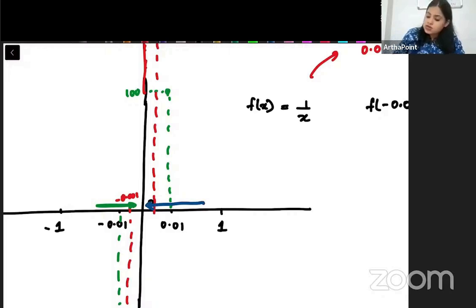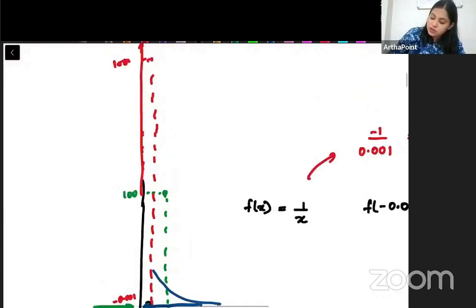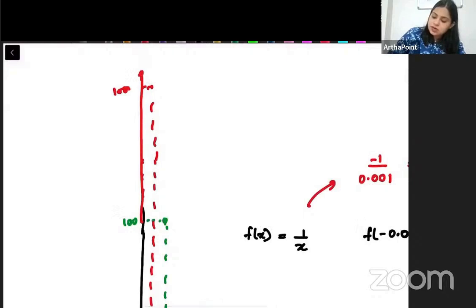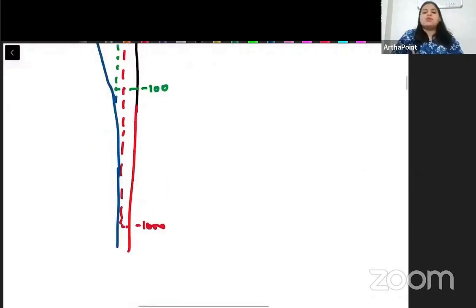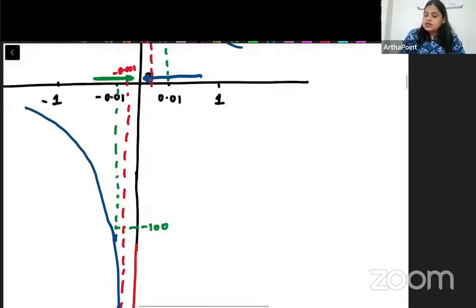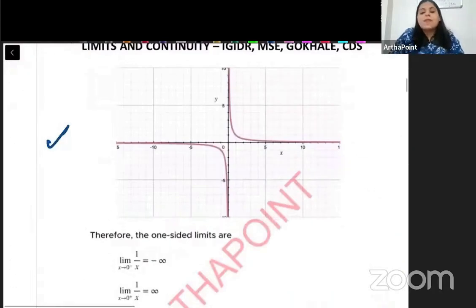So ideally what this means is it approaches infinity from here, and it approaches minus infinity from here. So basically, if I were to draw this, the function will look something like this.